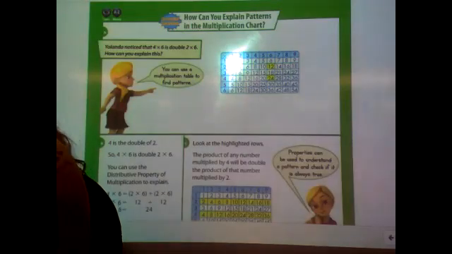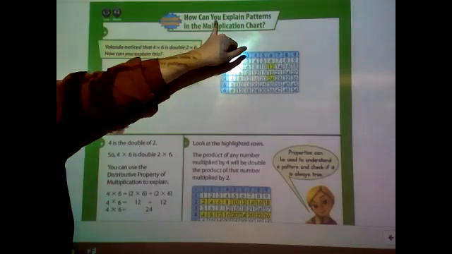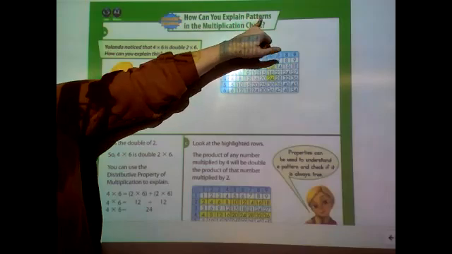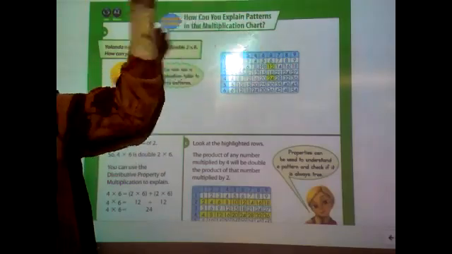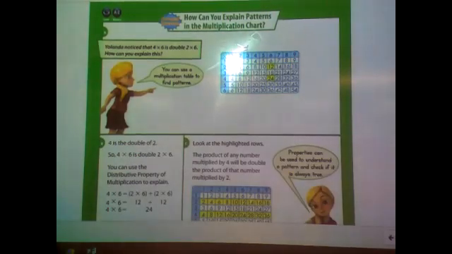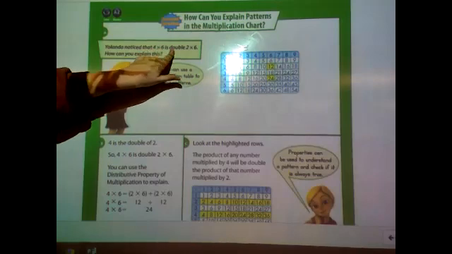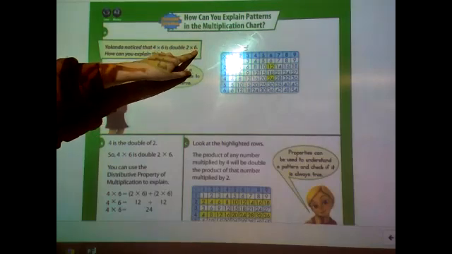Okay. So this page is called How Can You Explain Patterns in a Multiplication Chart? So remember this page we just read and we learn, we take in the information that they are teaching us. Box A. Yolanda noticed that 4 times 6 is double 2 times 6.